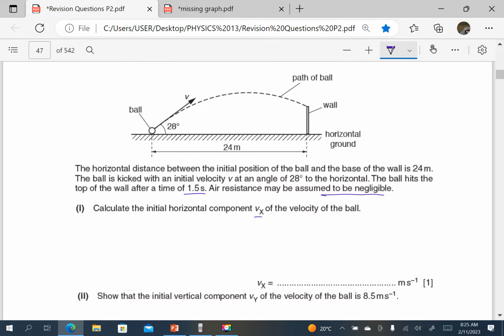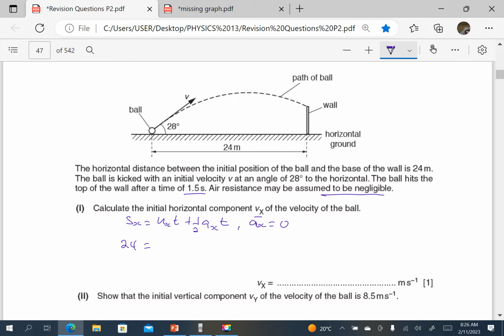We shall simply use the equations of motion. S in the horizontal is equal to initial velocity in the horizontal times t plus a half times acceleration in the horizontal times t squared. I want you to note that acceleration in the horizontal is always 0, simply because there is no resultant force in the horizontal. The horizontal distance has been given as 24. We want the initial horizontal component Vx of the velocity of the ball.